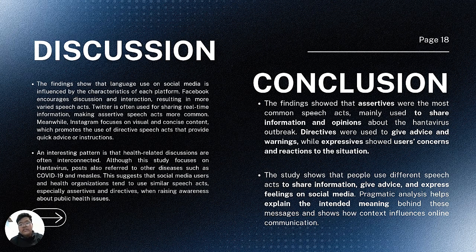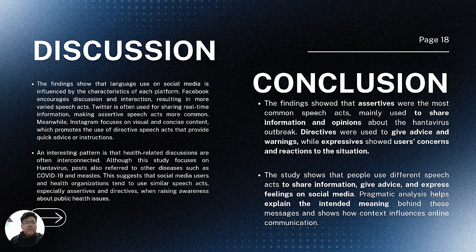And then the conclusion is, the findings show that assertives were the most common speech acts, mainly used to share information and opinions about the hantavirus outbreak. Directives were used to give advice and warnings, while expressives showed users' concerns and reactions to the situation. This is actually all connected when you see headlines on social media.